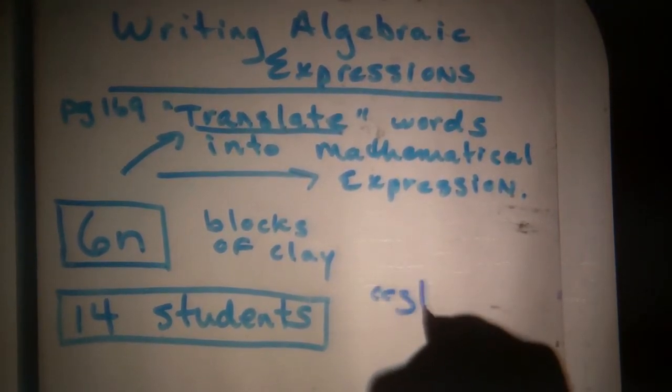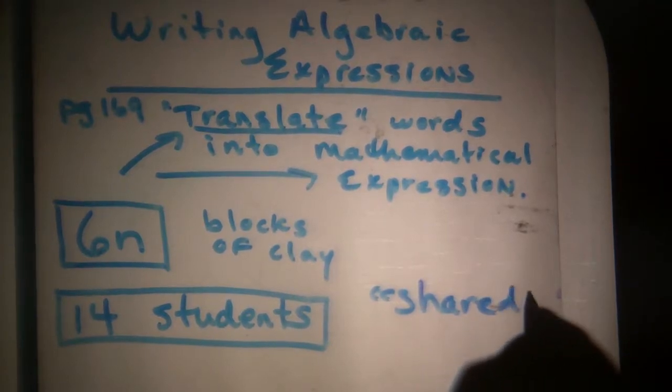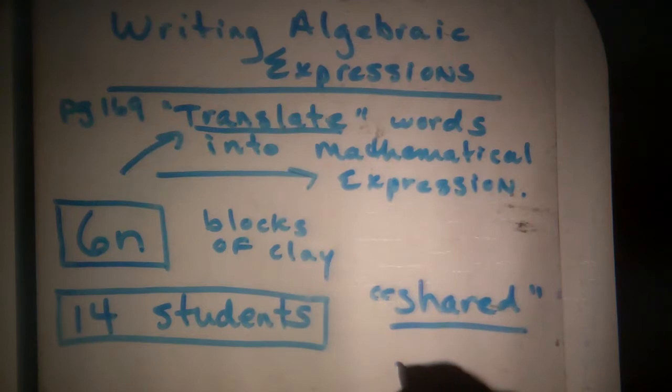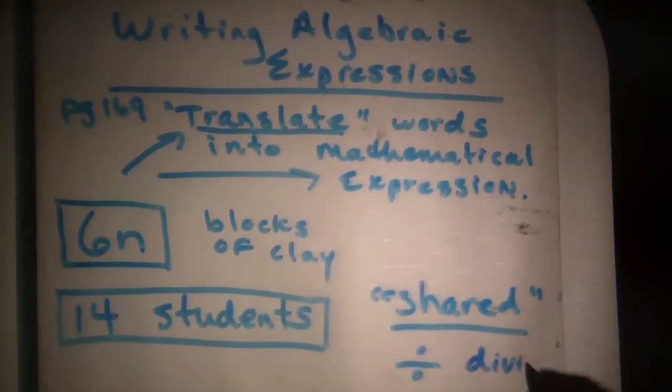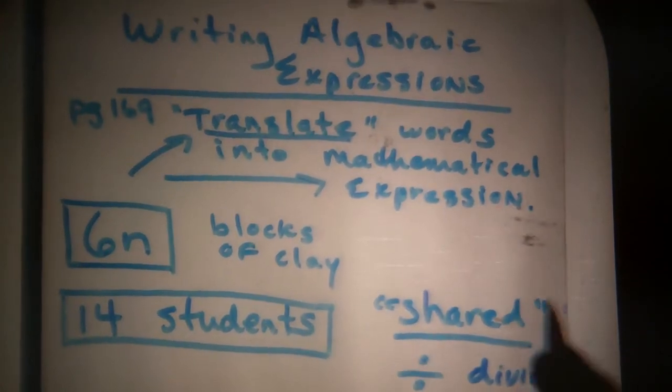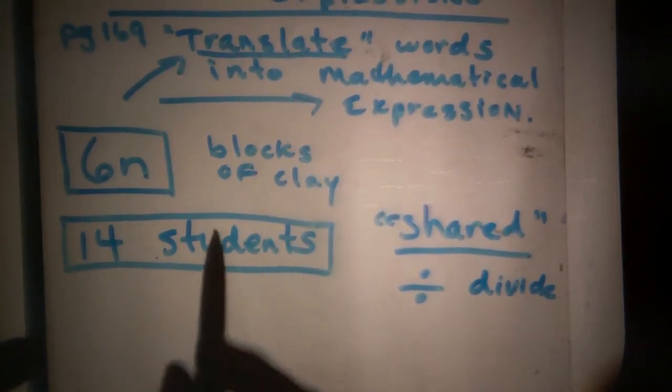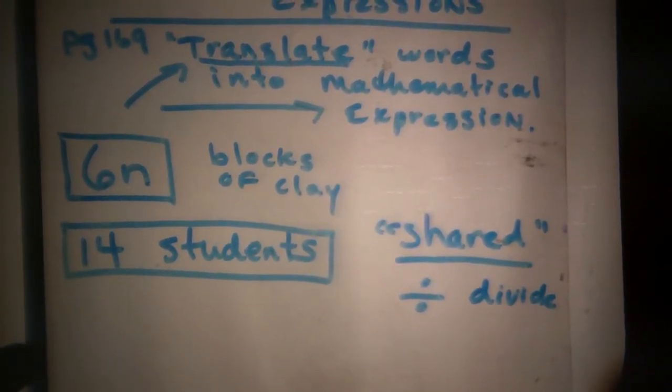So the word shared is something I need to translate into math. Shared would most likely mean that I need to divide something. I need to divide it amongst the students. So what they're saying is I have to divide these 6n blocks of clay amongst 14 students.